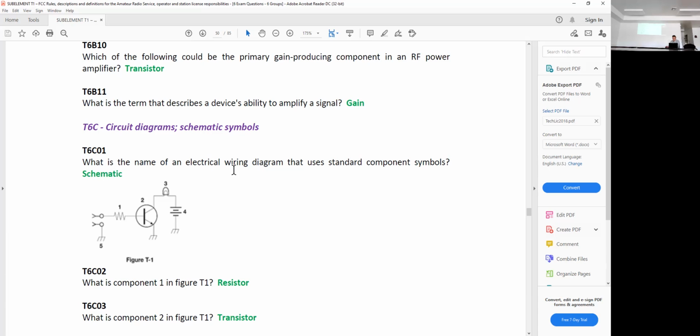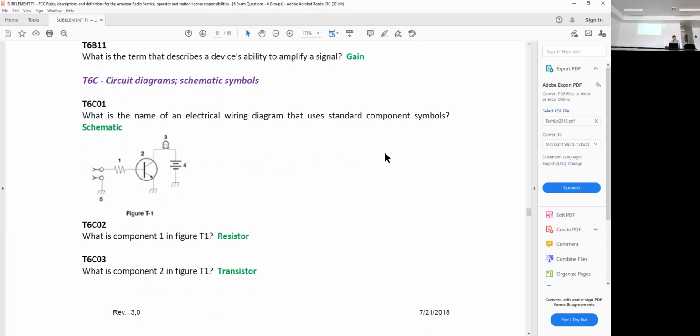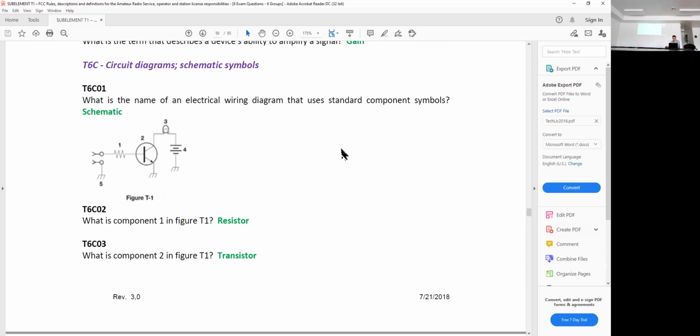What is the name of an electrical wiring diagram that uses standard component symbols? And that's a schematic. And there's an example of the schematic here in T1. And we kind of talked about the resistor.